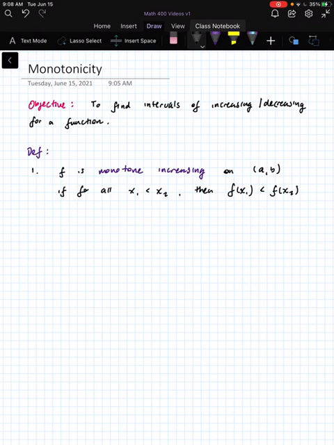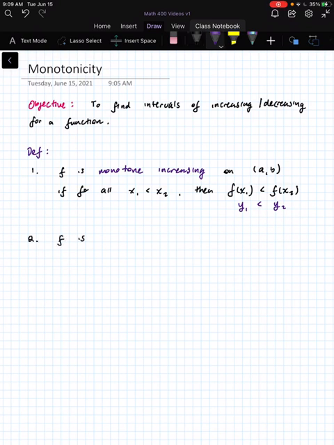So if x1 is less than x2, then f of x1 is less than f of x2. We can also think of this as y1 is less than y2, right? The y values also have to be ordered in that sense. So we'll see a picture of this in a second.